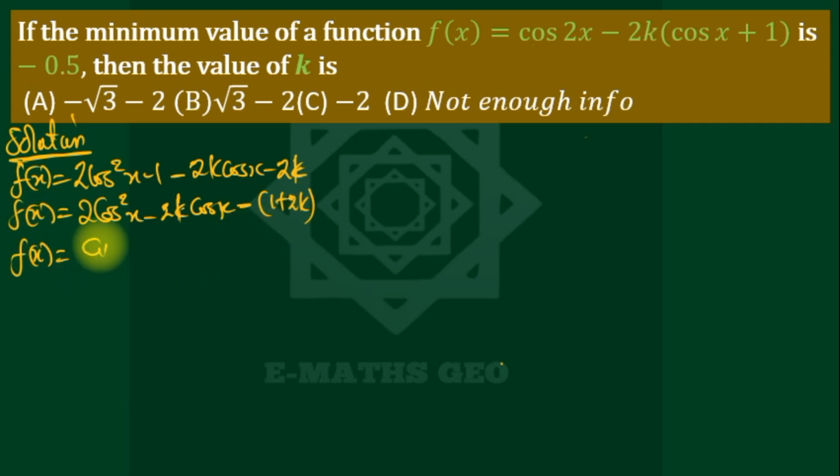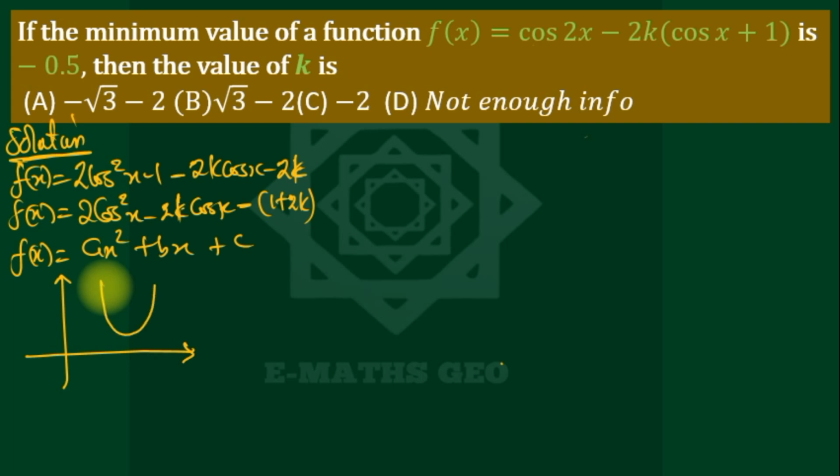So we now have a quadratic function. If you look at it, it looks like ax squared plus bx plus c, so our x is cos x. And we know that for any quadratic function, since they gave us a minimum, it always occurs at the vertex, and the x value is at minus b over 2a.